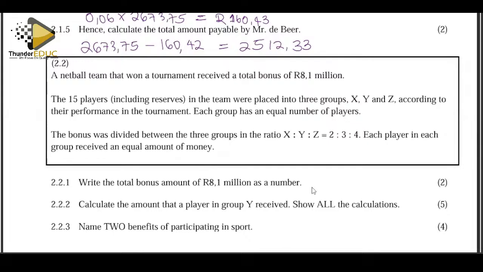as a number. So this word, million, has to go. How is it going to go? They've told you that it's a million, so you're going to say 8.1 times your million, which will give you the answer as 8,100,000.